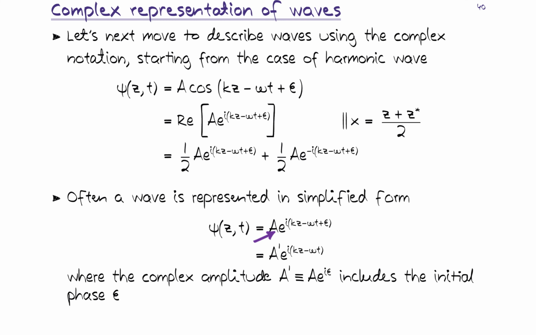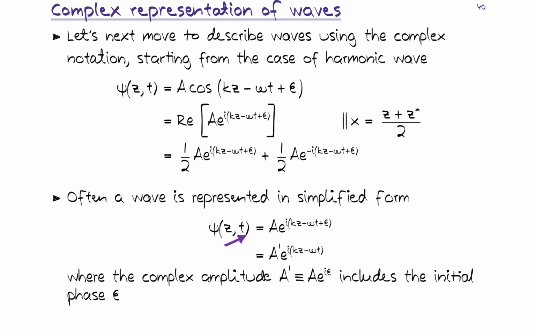And now the only trick, and we don't really need to do this trick that many times in our course, is that if we want a description for the wave that makes physical sense, we take the real part of this function, so that we get something similar to what we started with. So this is what we will do in the end.